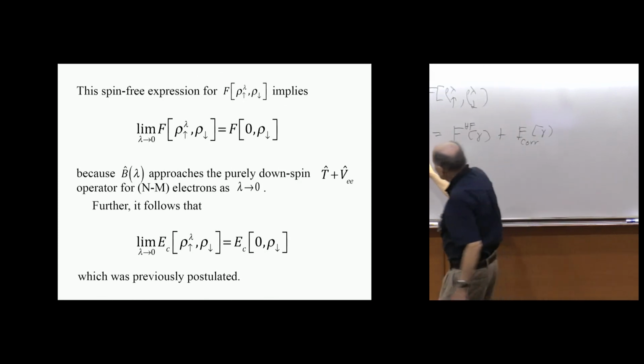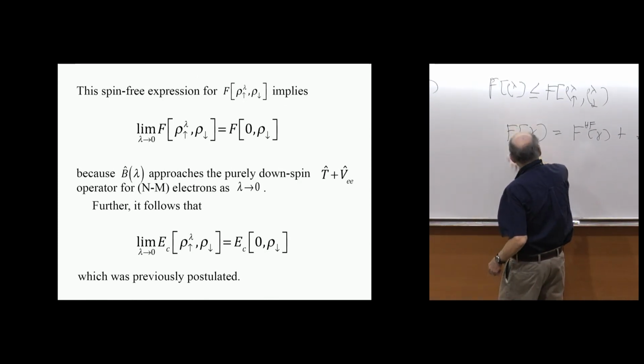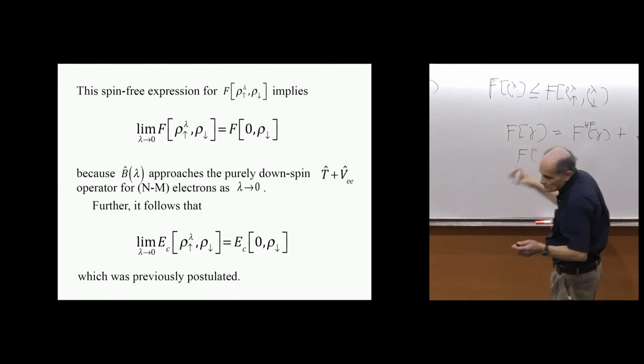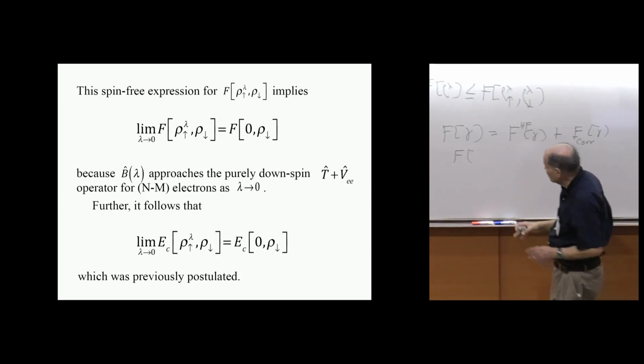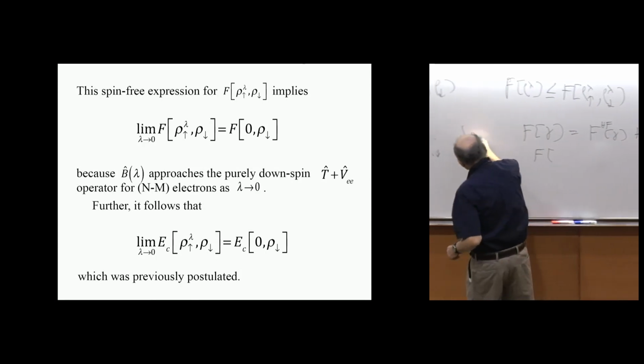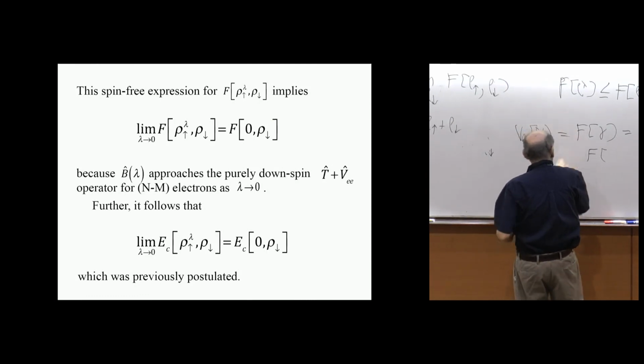Remember, F is just VEE in that theory. So this is the same as VEE of gamma equals F of gamma.